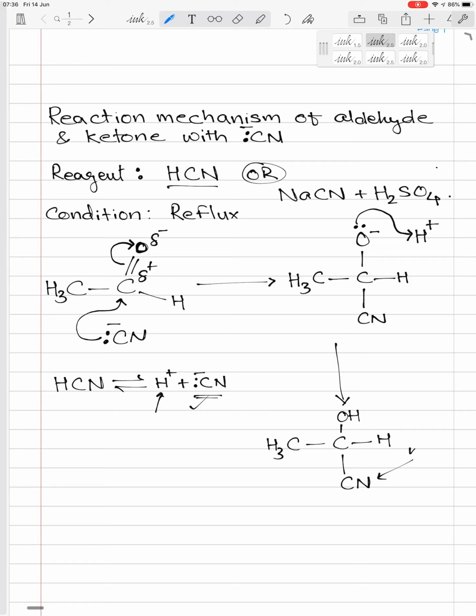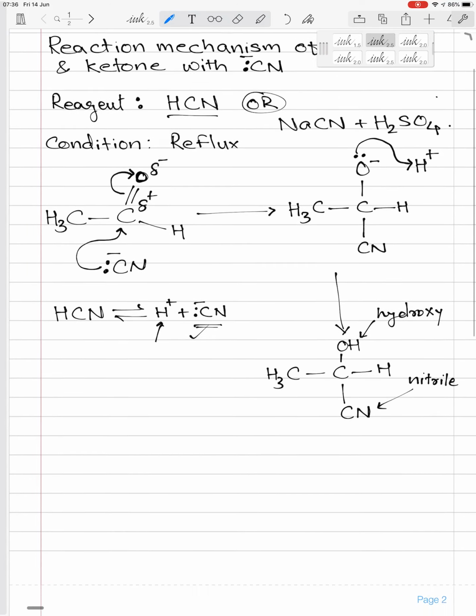So remember, it's a nitrile group. Now as you've got the OH and nitrile, the nitrile group will take the priority, and therefore the OH group will become hydroxy in the naming.